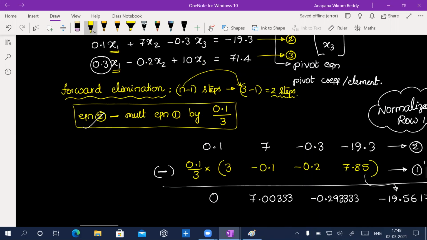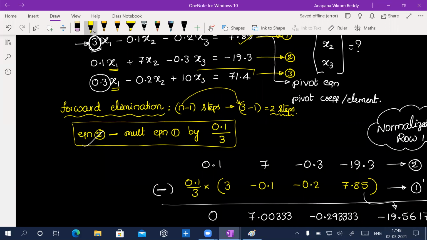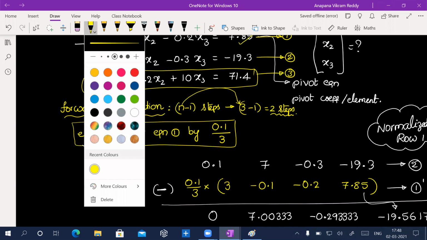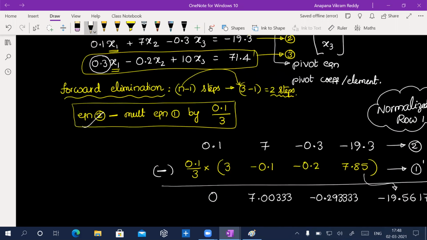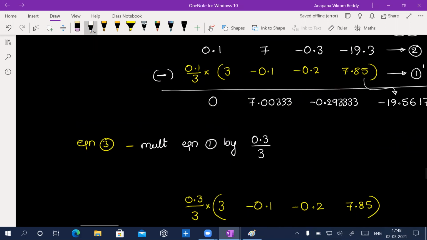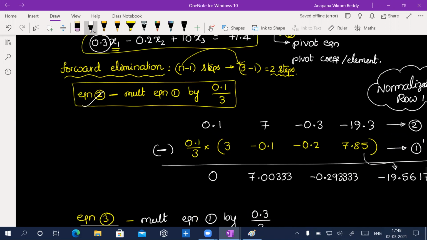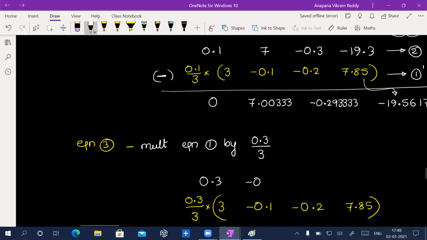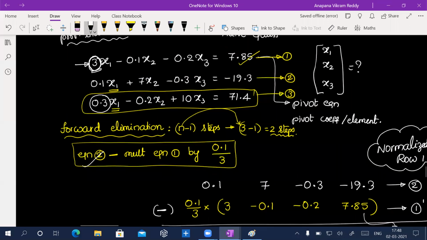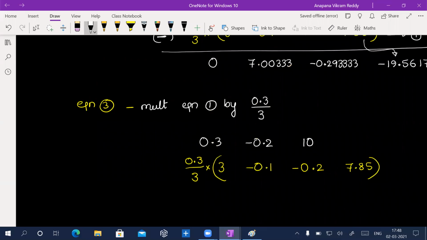My equation number 3 is this one, right? So I have 0.3 and a negative 0.2, and I have 10, 71.4.